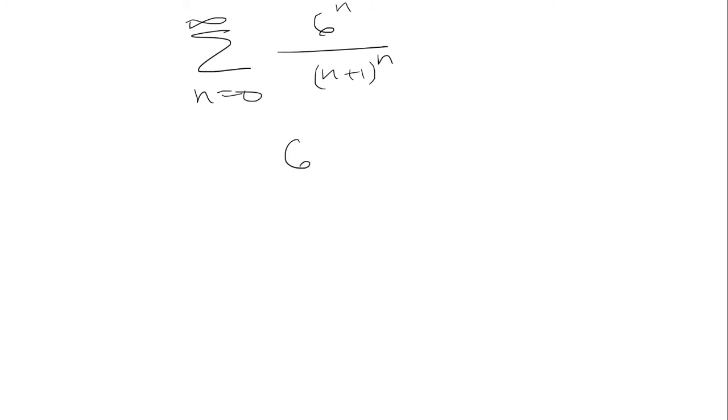Let's do one more. So we have the sum from n equals 0 to infinity of 6 to the n over n plus 1 to the n. Let's use the ratio test again. So we'll look at the n plus first term.